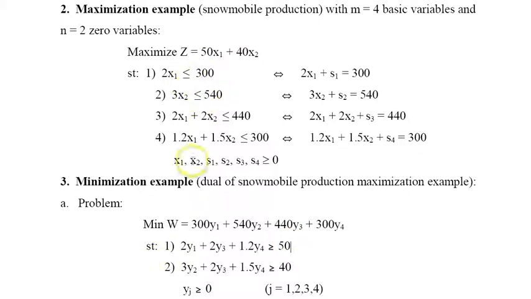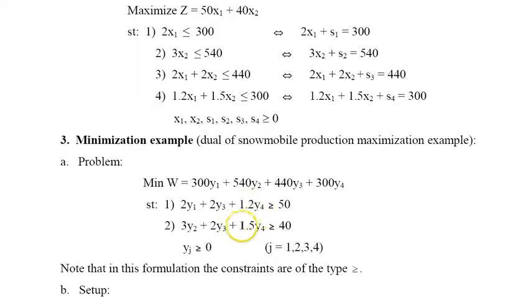And then I have 0 y1 plus 3 y2 plus 2 y3 plus 1.5 y4 greater or equal to my second coefficient, 40. I have 4 constraints in the original, so I end up with 4 dual variables; I have 2 variables, so that means I have 2 constraints. My constraints were less or equal there, and here they are greater or equal.